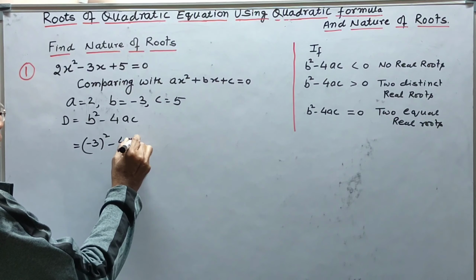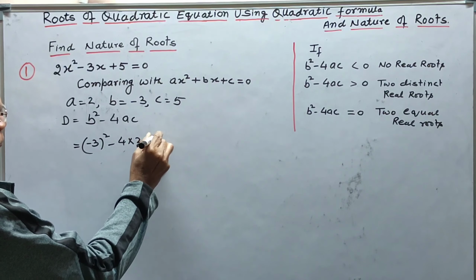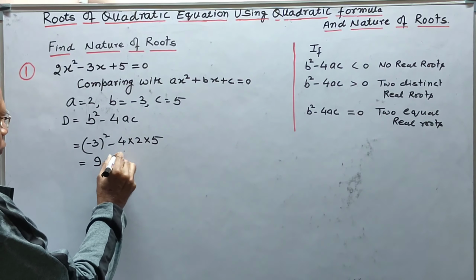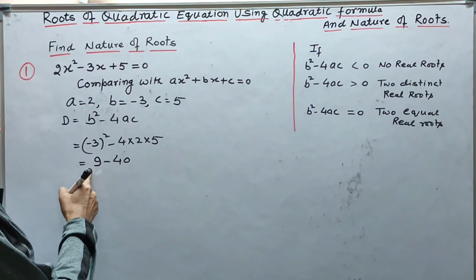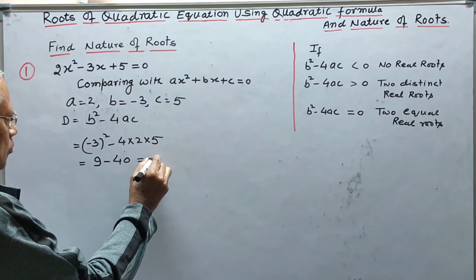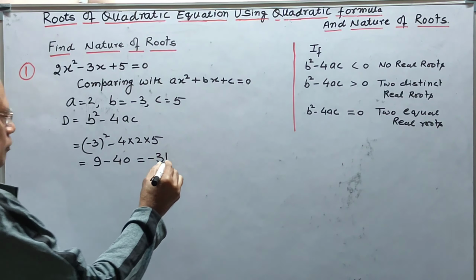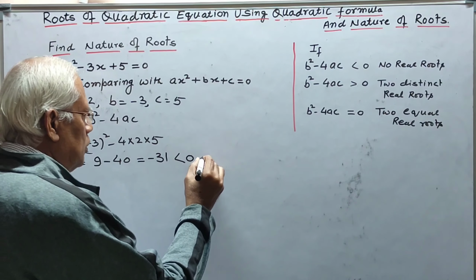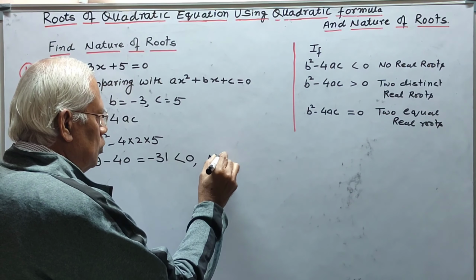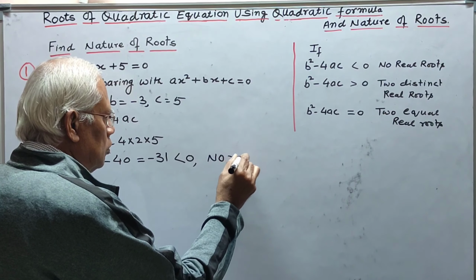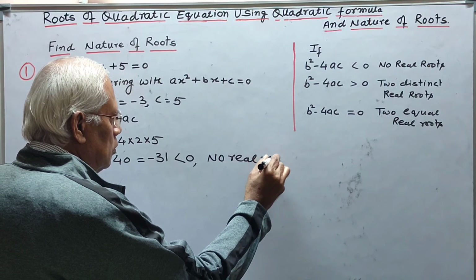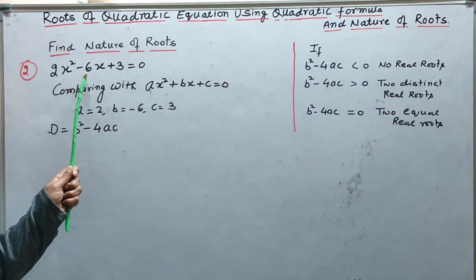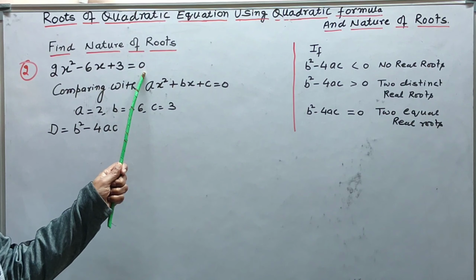What is a? 2, and c is 5. So minus 3 square is 9 minus 40. Minus 40 plus 9 equal to minus 31, which is negative. So the given quadratic equation has no real roots.